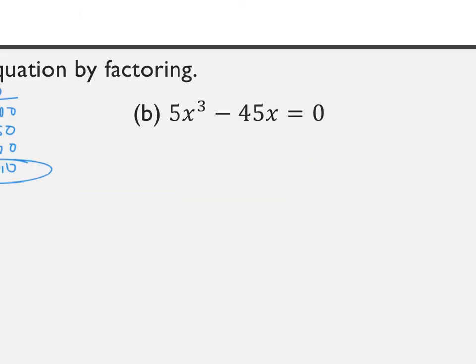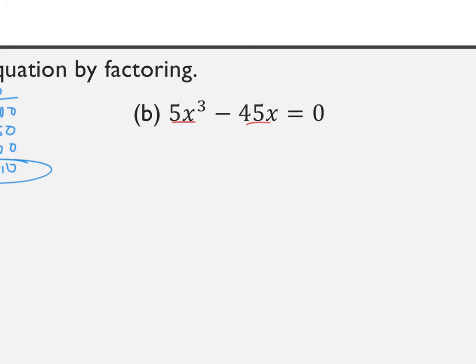If we look at letter B, notice there's only 2 terms, but before when we had x squared minus 100, those 2 numbers were actually perfect squares. And that factorization that we did earlier is what we refer to as the difference of squares. We don't have that this time, but notice something we do have.